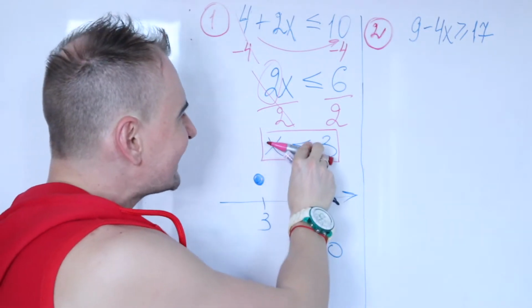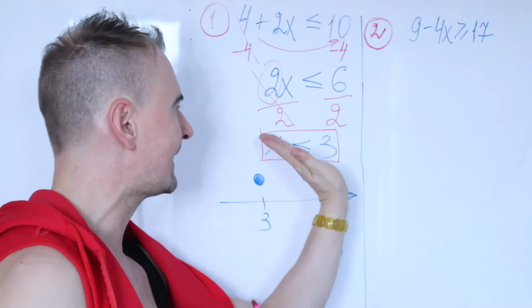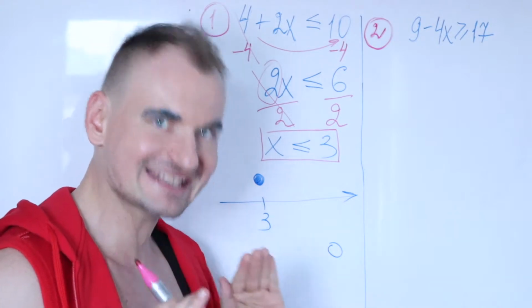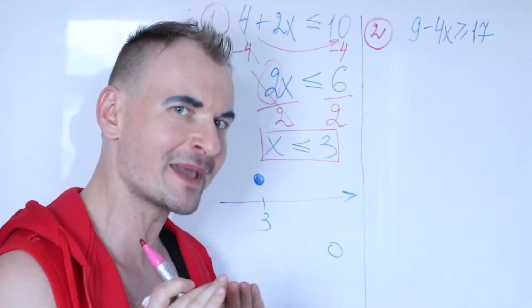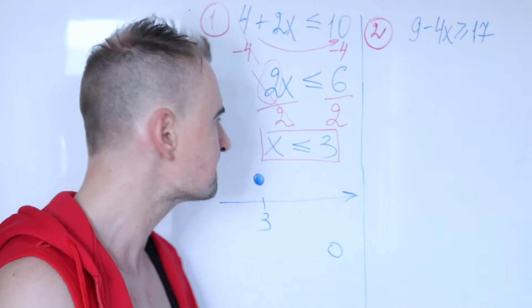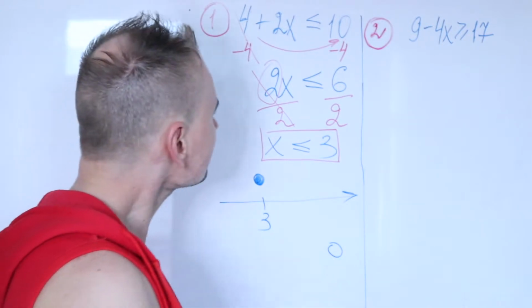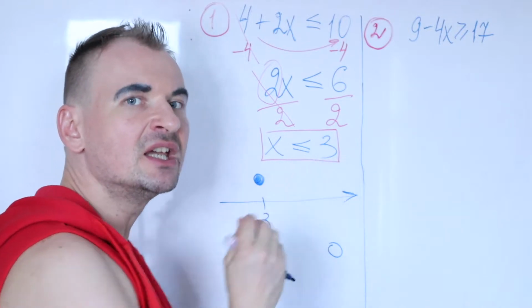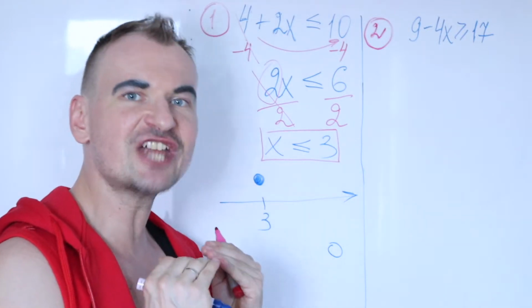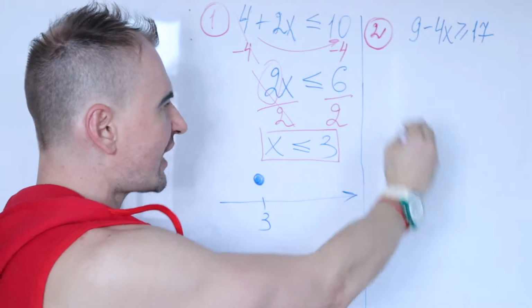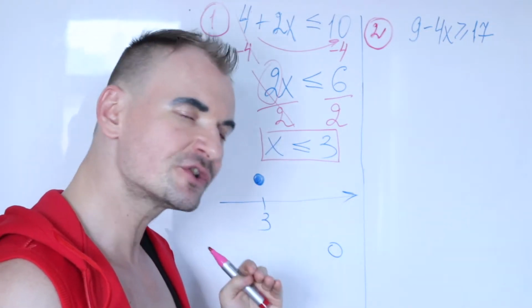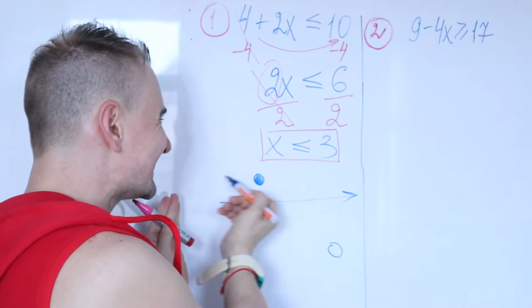If instead we had just x strictly less than 3, you would go for the open one. This is the difference, and you have to pay attention to it. This is important as well. Now, since we have x less than or equal to 3, we need to decide which direction we are going. Are we going to the right or to the left? Yes, we are going to the left because it's less.